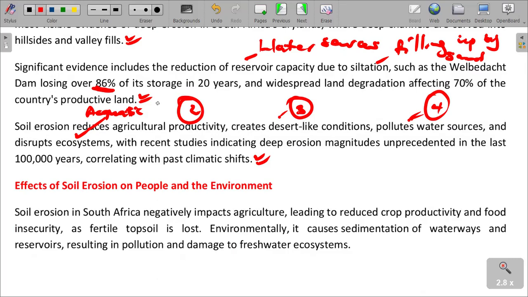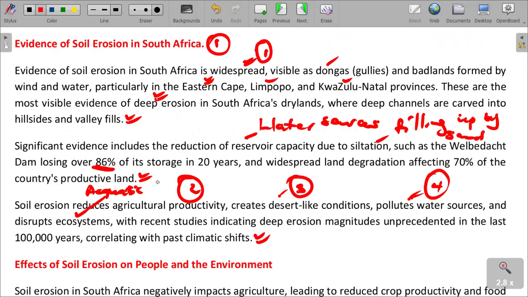So what we are saying is that evidence of soil erosion in South Africa is identified by the loss of arable land due to erosion, the siltation of water resources, our reservoirs, reducing our water capacities, even the waterborne diseases resulting from water pollution, and also the dwindling population of aquatic life.